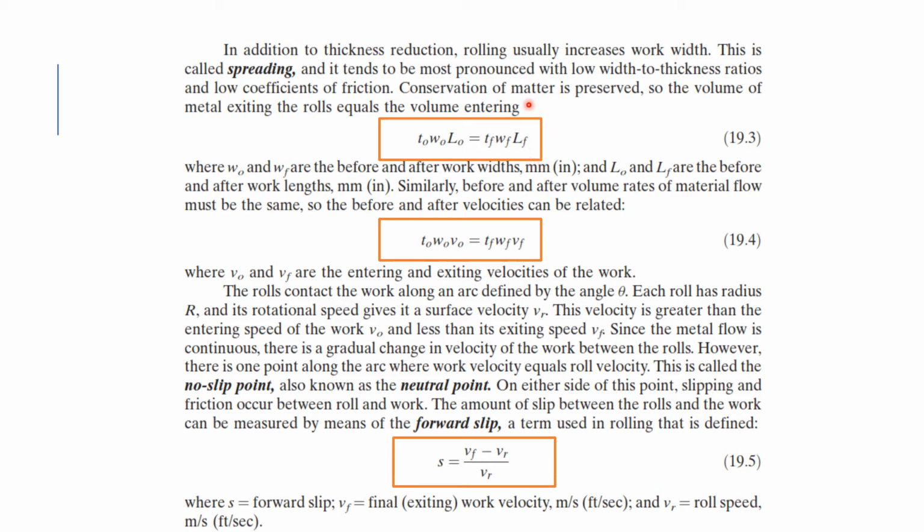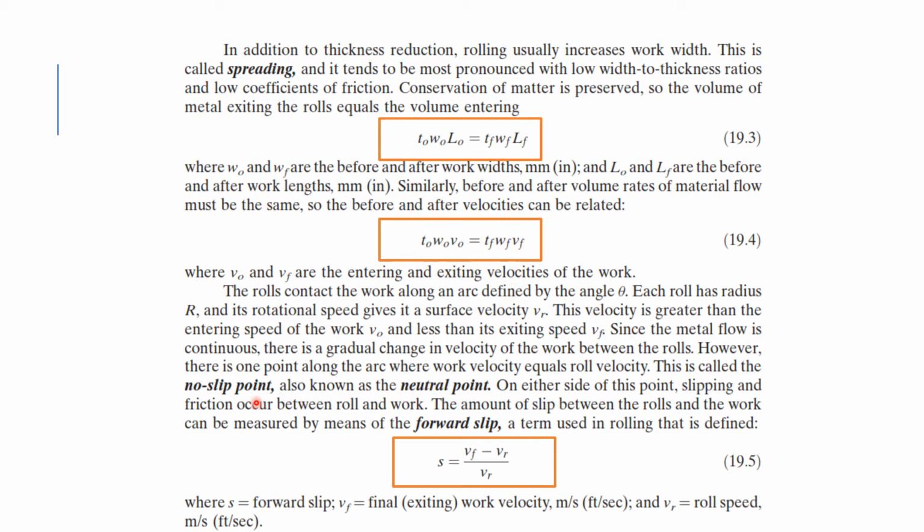If L is changed in terms of velocity, you get T naught, W naught, V naught equals T final, W final, and V final. This equation makes it easier to determine the final thickness, the final width, or the final velocity.